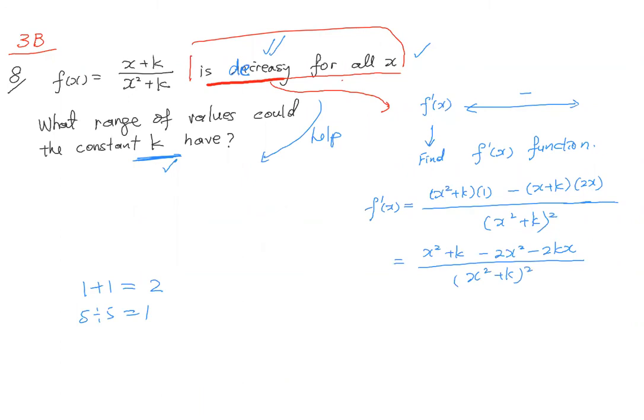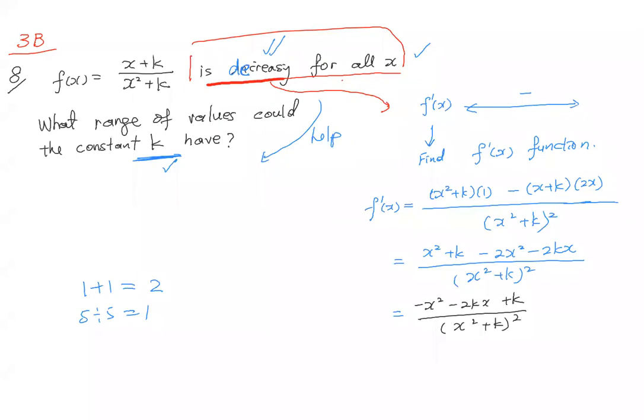So I simplify: negative x squared minus 2kx plus k, divided by x squared plus k, squared.